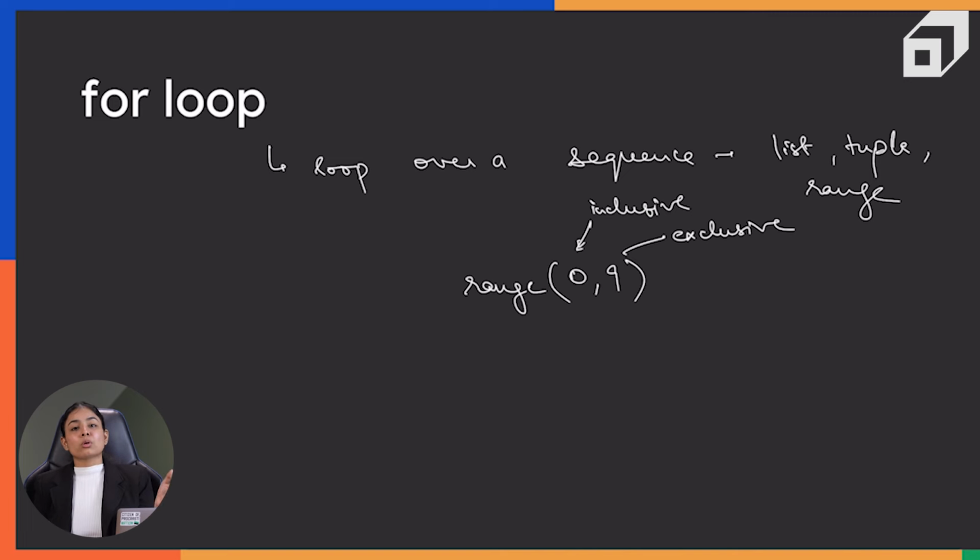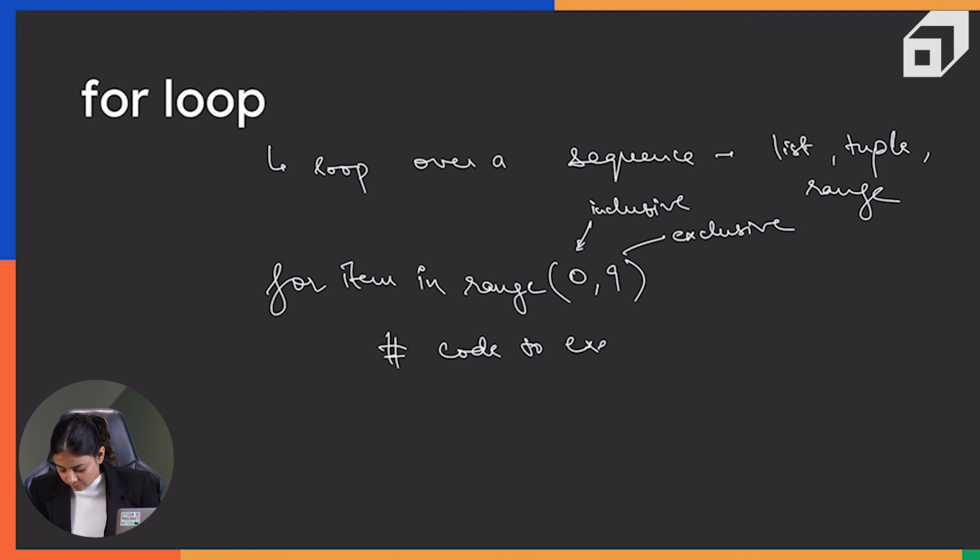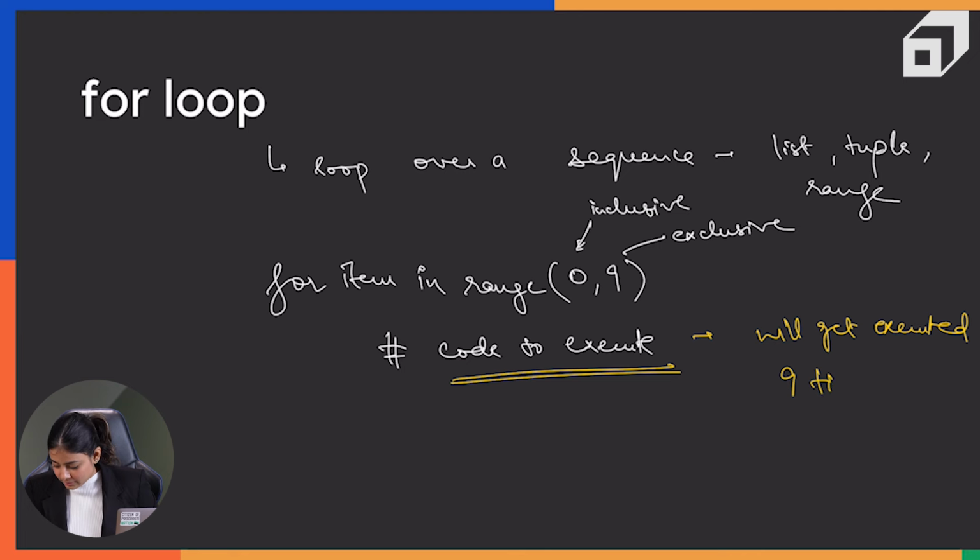If I want to loop over this range, I'll say for item in this range, and here I'll mention the code to execute. What will happen here is this code will get executed 9 times. This item is a variable that will loop.